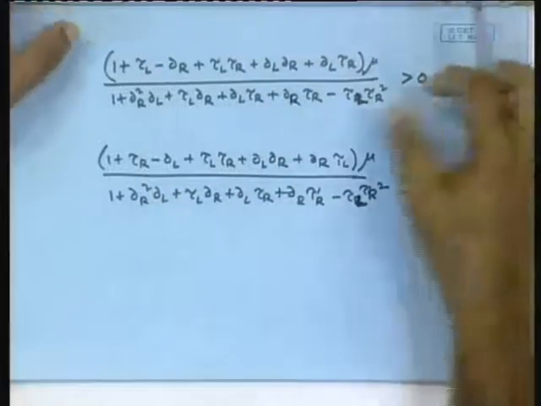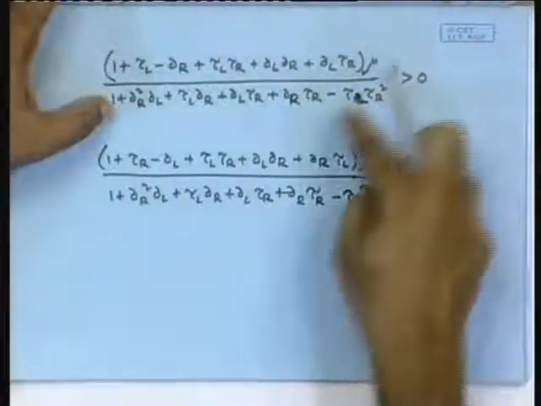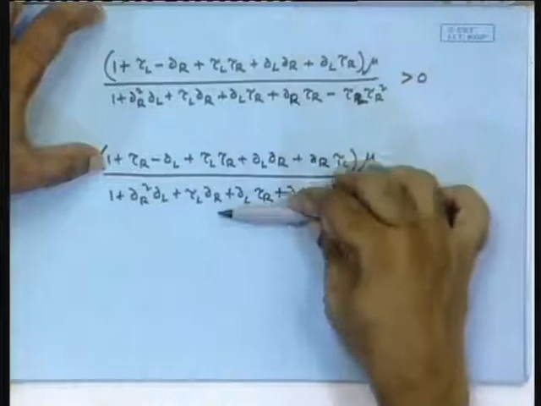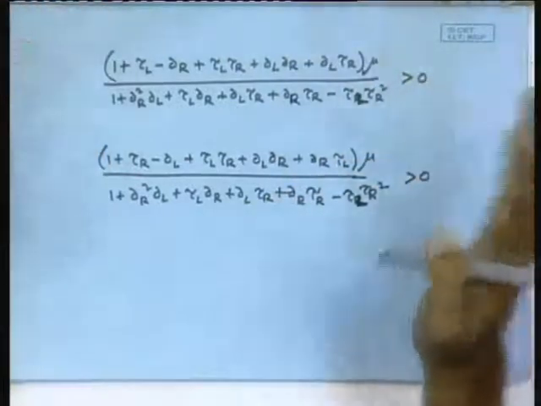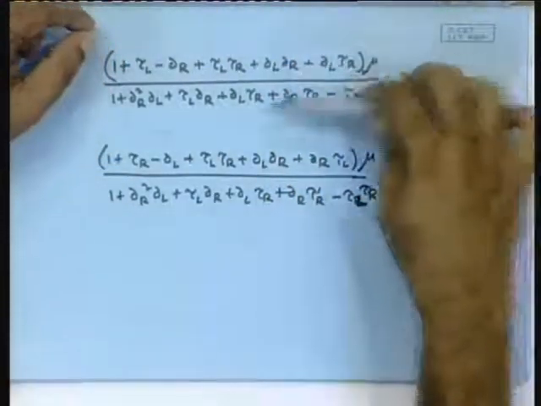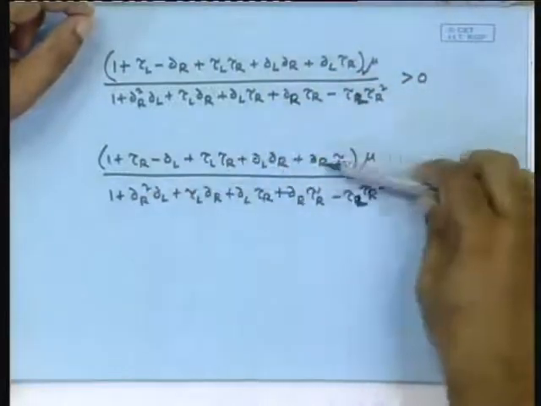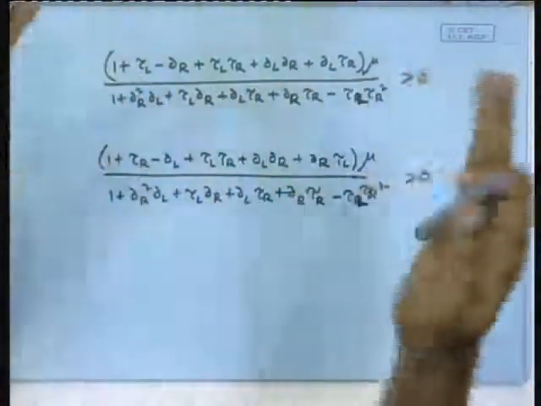This immediately tells you that this condition and this condition, notice the two denominators are the same. These two lines, this condition equal to 0, this condition equal to 0 and this condition equal to 0, they delineate the range of the parameter space. So, this will give an equation, a line, this will give a line and the denominator will give another line.